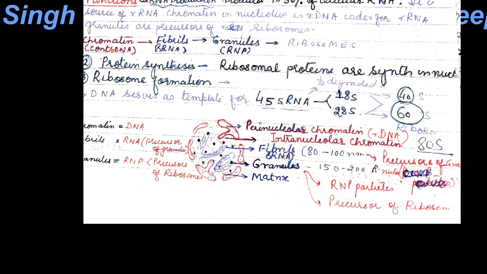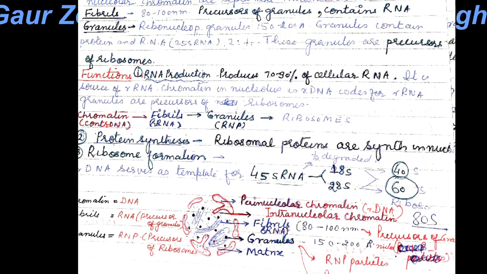Then you can see the granules of black color, which are precursors of ribosomes, and inside you can also see intranucleolar chromatin. Perinucleolar chromatin is rDNA, and fibrils are precursors of granules, and granules are ribonucleoprotein particles and are precursors of ribosomes. So this is a small chapter.